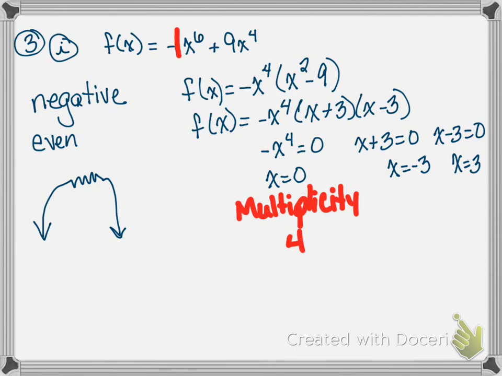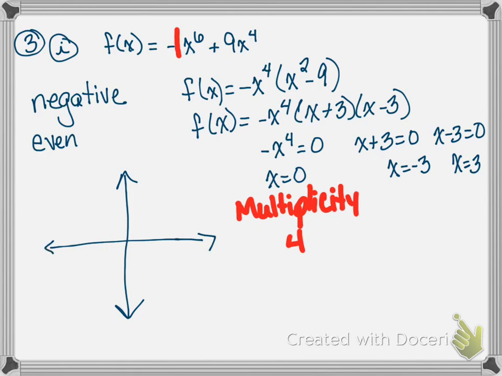So I'm going to erase some of this over here. I'm going to draw my graph. I know I don't draw straight lines, so hopefully you do okay with that. So I have 1, 2, 3, 4, -1, -2, -3, -4. Okay, so we have here at 0 a multiplicity of 4 there.